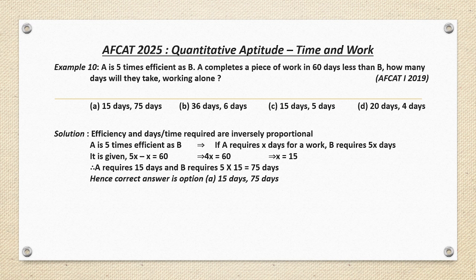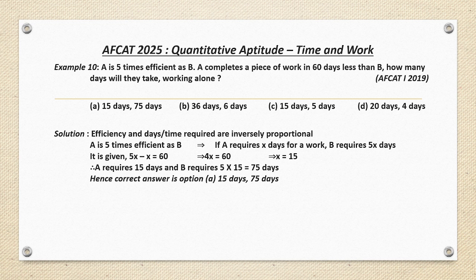Okay. So we have already calculated B requires 5X days. So 5X minus X is equal to 60. Right. So 60 days. A completes a piece of work in 60 days less than B. So 5X minus X is equal to 60. So 4X is 60. X is 15 days. Right. So A requires 15 days.